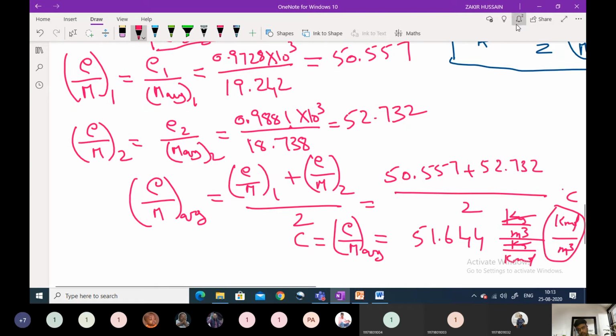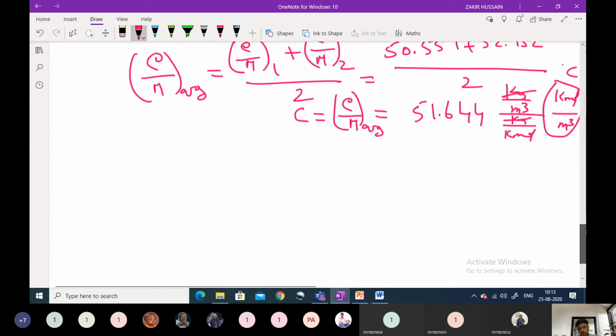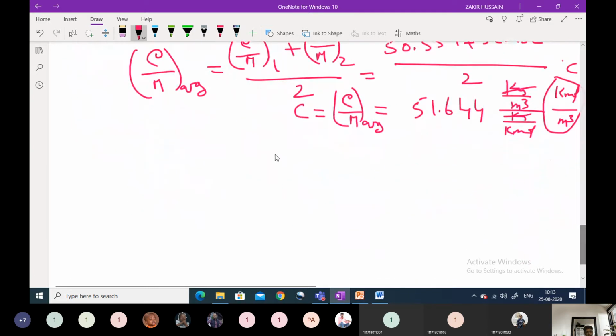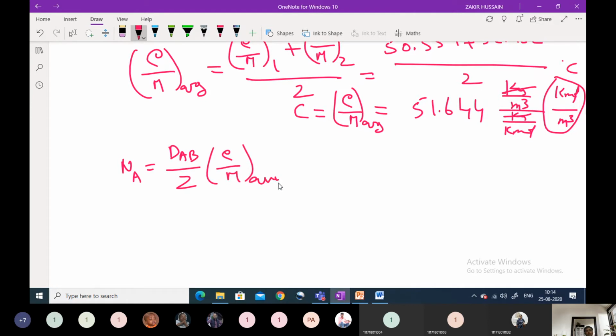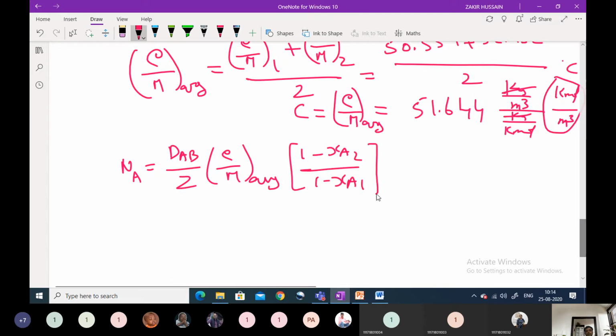Now that we have calculated the required data, we have to substitute it in our formula. Our formula for A through non-diffusing B liquid case is NA equal to DAB by Z into rho by M average into ln of 1 minus XA2 by 1 minus XA1. We just derived this formula.